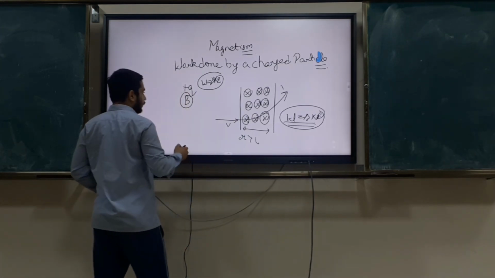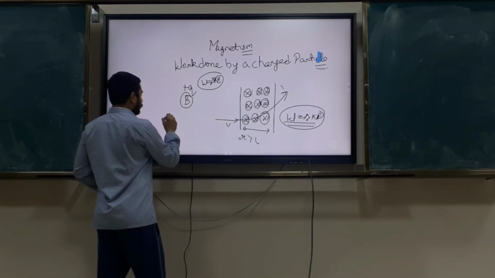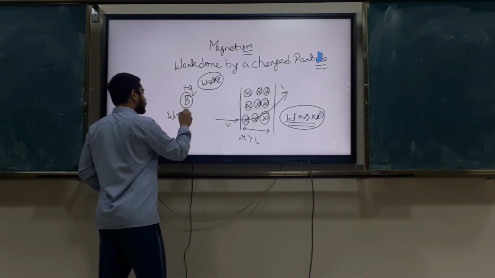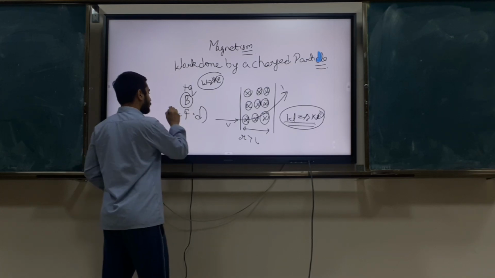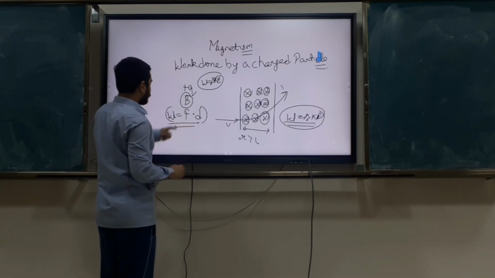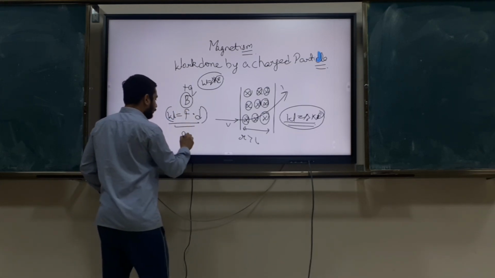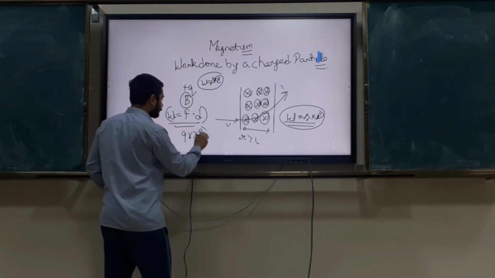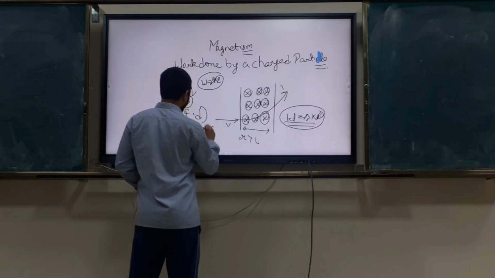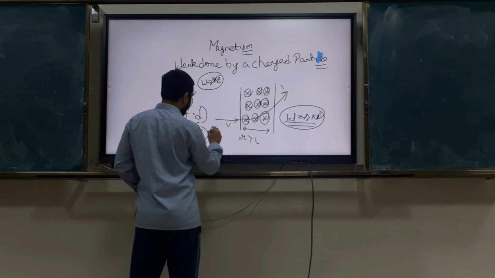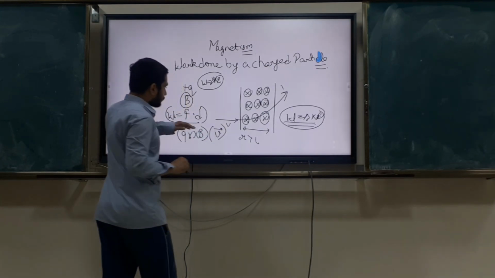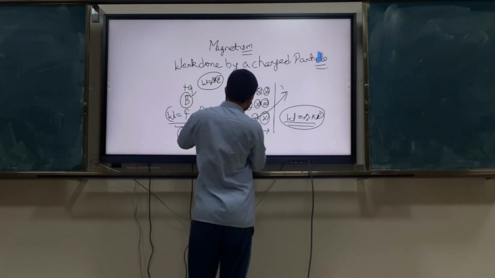We know that work is force dot product displacement. And here, what is force? F is equal to q v cross B. And what is d? d is nothing else but the velocity vector. So the displacement will be in the direction of the velocity vector only.